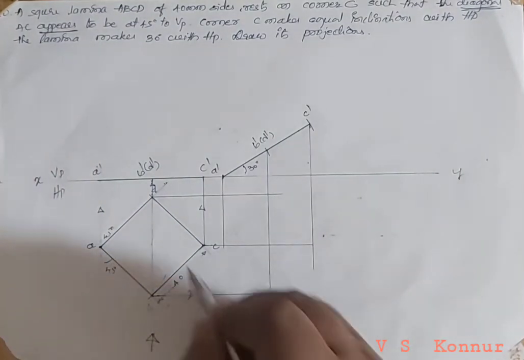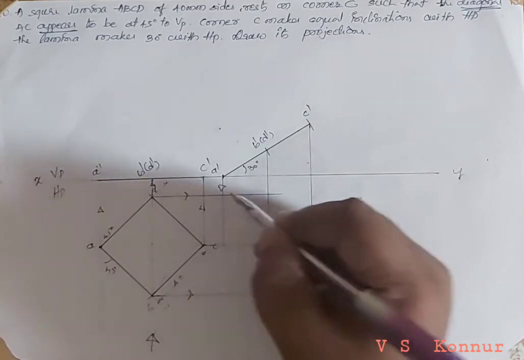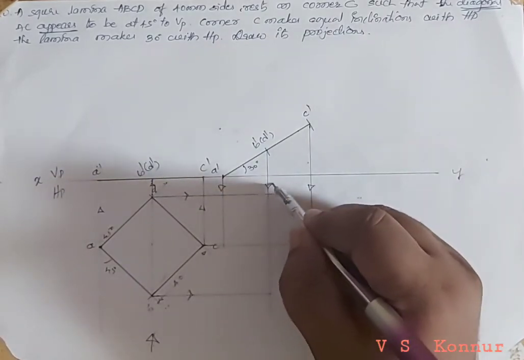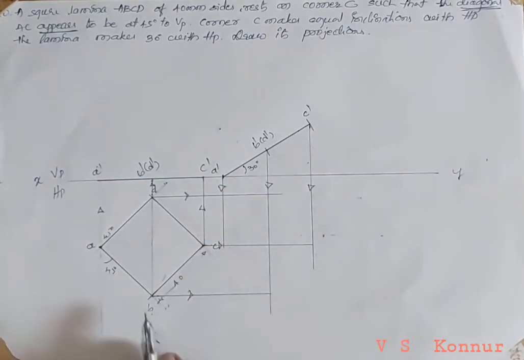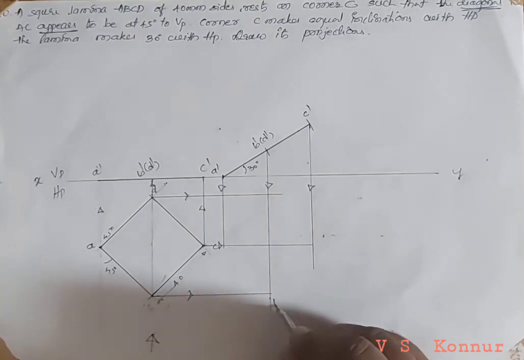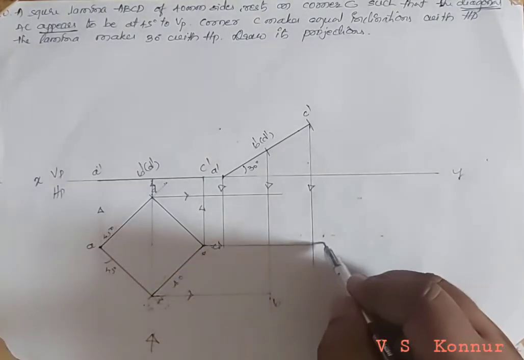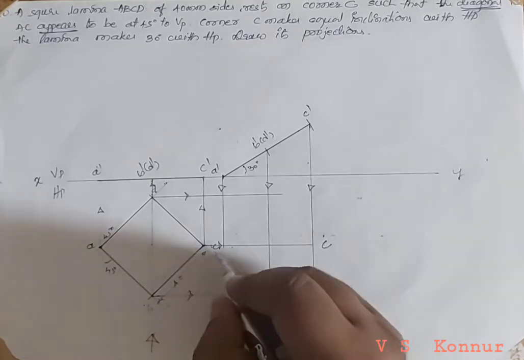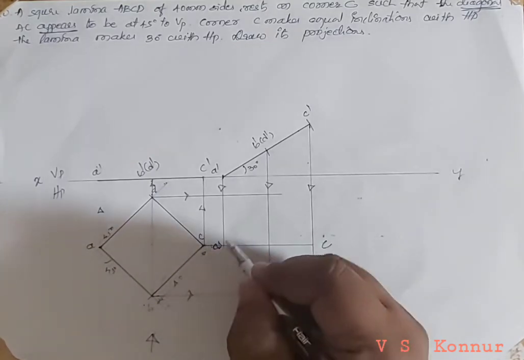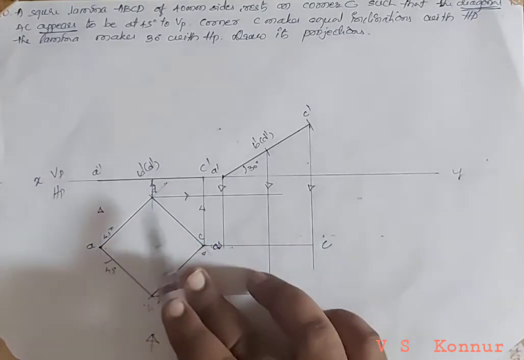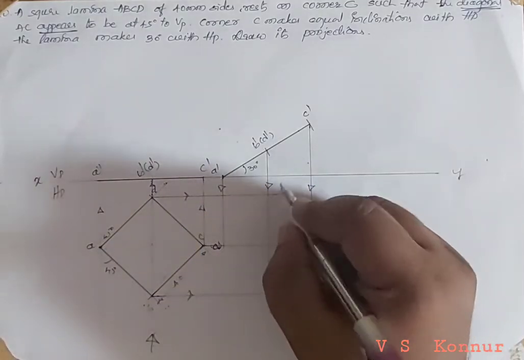Now we'll give the arrow marks for those. Now B is intersecting here, C is intersecting here, then A is intersecting here. This is C, this is A, and then D is intersecting at this point.